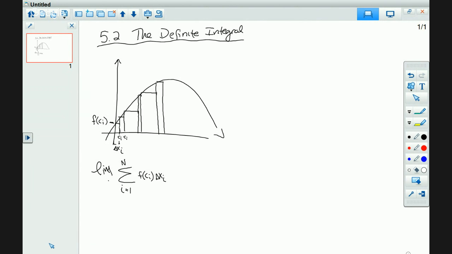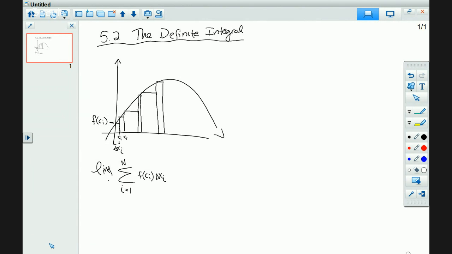n still needs to be the number of subintervals. Yeah, so it's the number of rectangles. Okay, so if I take the number of rectangles to infinity, am I changing their size at all? Not. See, with the other one, what we did was we took the number of rectangles within a certain area.